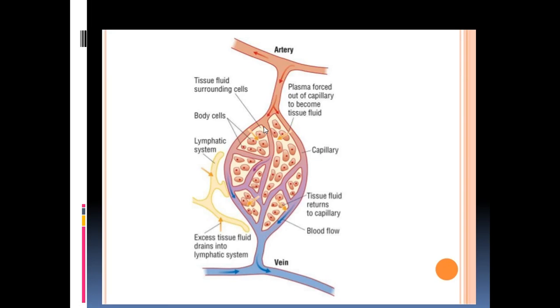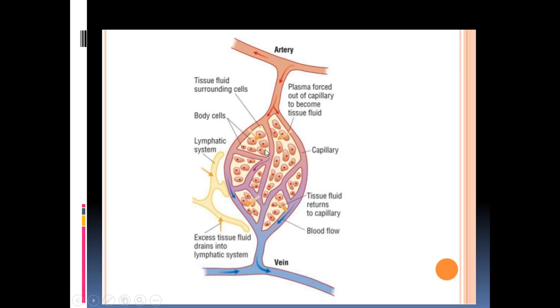The volume of fluid which leaves the capillary to form tissue fluid or the interstitial fluid is the result of two opposing pressures. If you look at the diagram, the blood pressure at the arterial end of a capillary is high enough to push the fluid out.